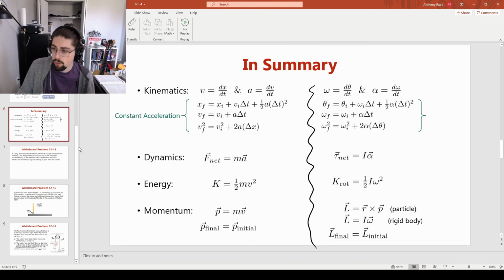Why didn't I write that in somewhere? Remember that we can always convert from one to the other, just multiply by r. That is to say, the last thing that I guess we should add on this thing is that change of x, or x, would be equal to theta times r. V would be equal to omega times r. A is equal to alpha times r.